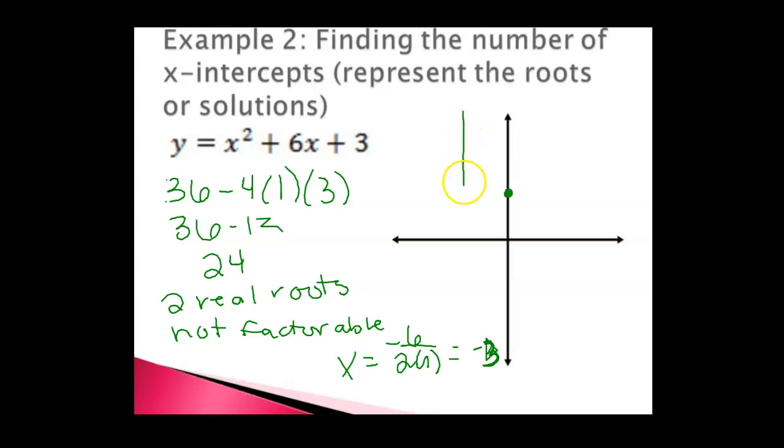So that means this graph goes through 0, 3, and it also goes through negative 6, 3, which means the roots are somewhere between 0 and negative 6. And we will learn how to find them later.